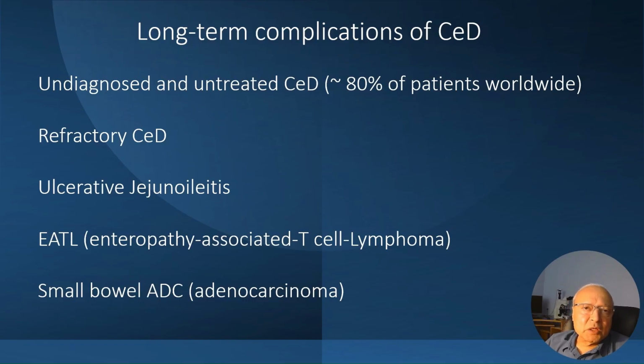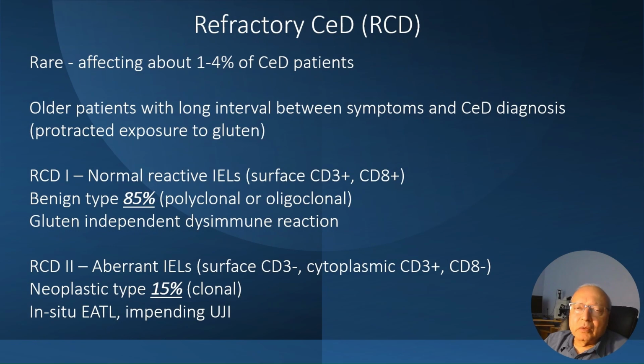This is almost exclusively seen in celiac patients in the small bowel. And finally, because of the chronic inflammation in the duodenum, there may be a risk of small bowel adenocarcinoma. This risk is lower than that for lymphoma, but there is an increased risk nevertheless.